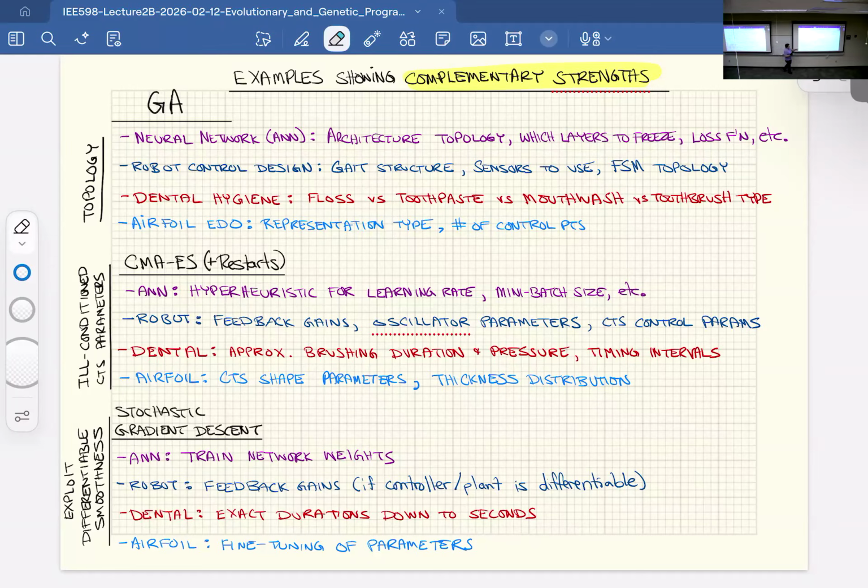But if I can, then maybe I can optimize those PID gains by taking a partial derivative and seeing where it's equal to zero, the gradient descent. Fine-tuning those approximate durations and then fine-tuning those approximate parameters. So going from large-scale discrete to fine-scale continuous, when you can count on derivative information and when you can't.